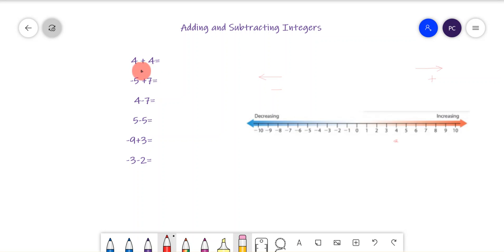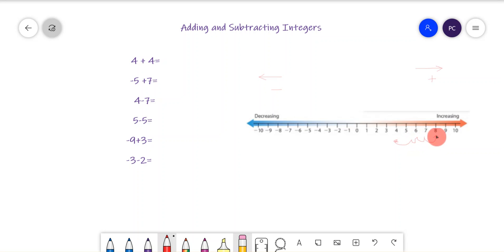This is positive, so we're going to be moving to the right on the number line, 4 places. So we start here at 4, and then we plus 4, moving 4 places to the right: 1, 2, 3, 4.